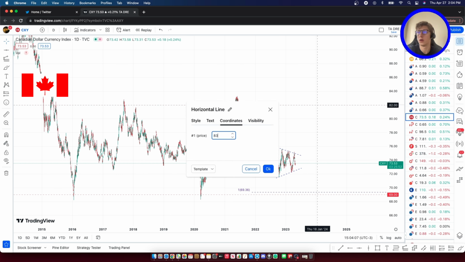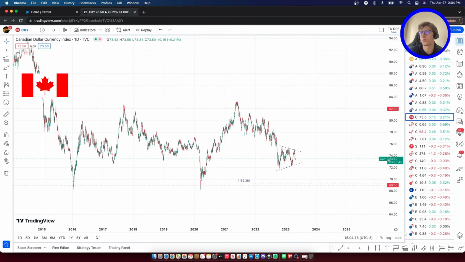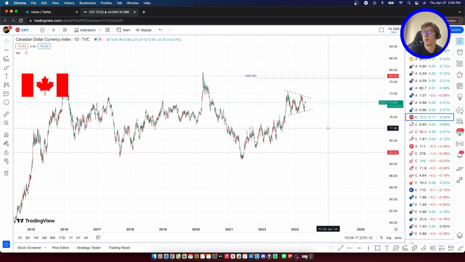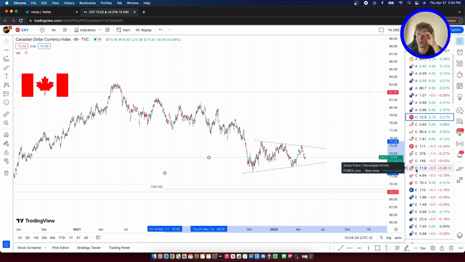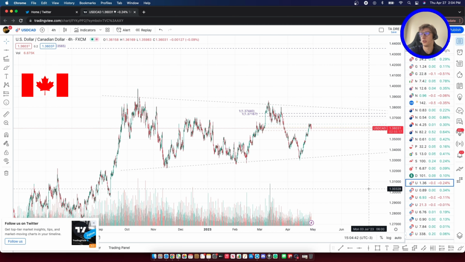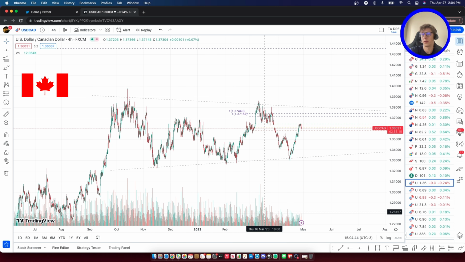Should we go 83? No, 82. Okay, 82. And we've just been in this box, ranging up, down, and I believe we're just going for a test of the top of this range, and that's essentially what this trade is going to accomplish. The take profit will be just above the 69 area. Definitely one on my watch list, and we're going to see how it plays out.